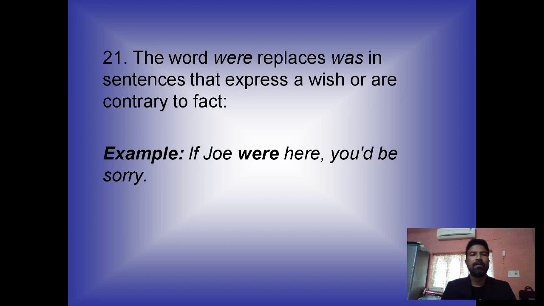The word were replaces was in sentences that express a wish or are contrary to fact. So, ఒకసారి చూడండి. Example చూస్తే మీకు చాలా క్లియర్ అవుతుంది. If Joe were here, you would be sorry.